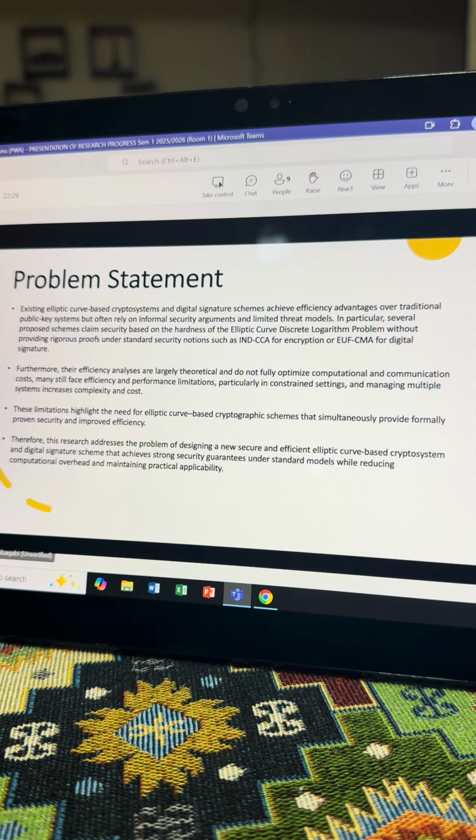At the same time, their efficiency analyses are often theoretical and do not fully optimize performance in constrained settings, and using multiple separate systems increases implementation complexity. This motivates the need for a new elliptic curve-based crypto system and signature scheme that are both formally proven secure and carefully optimized for efficiency.